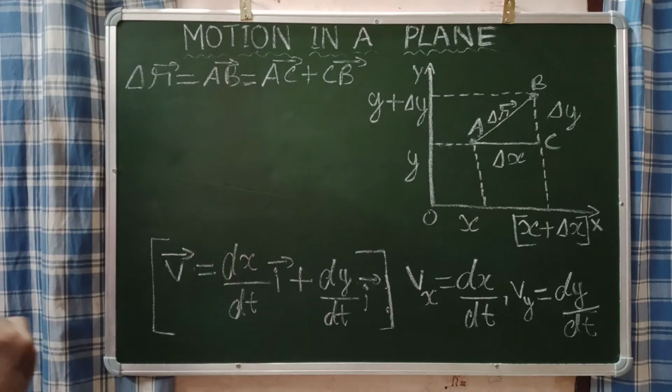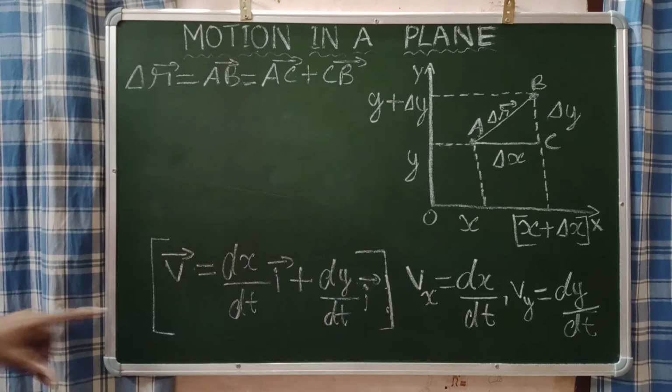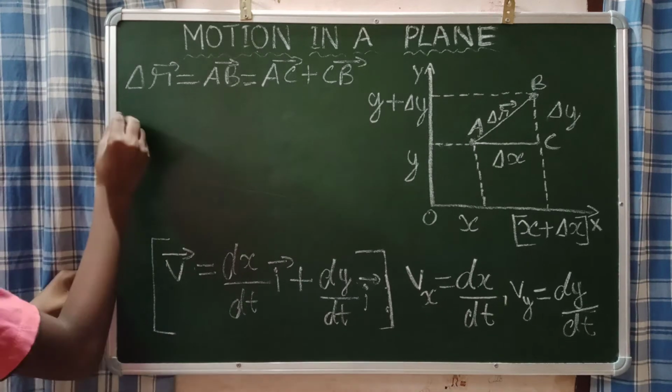What I am saying is, I am going to differentiate this equation with respect to time. That means, when you first differentiate this v vector with respect to time, what will I get?